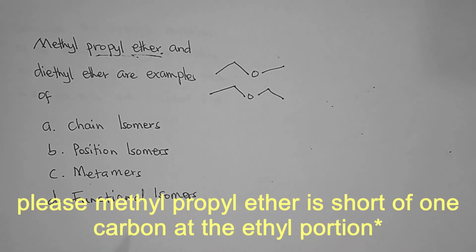So let's start from the metamers. What are metamers? Metamers are isomers with the same molecular formula, but different alkyl groups around the same functional group. So metamers are also known as functional isomers.